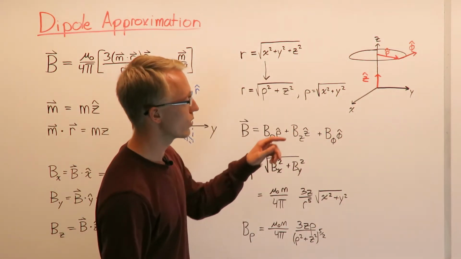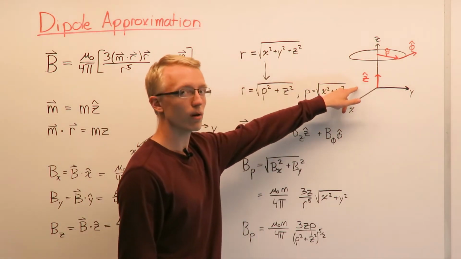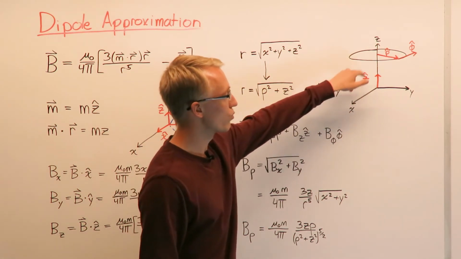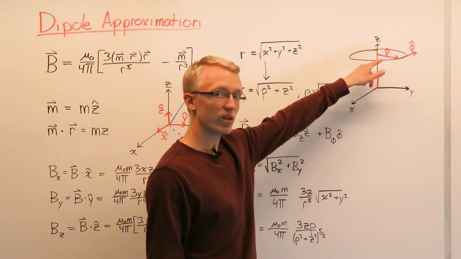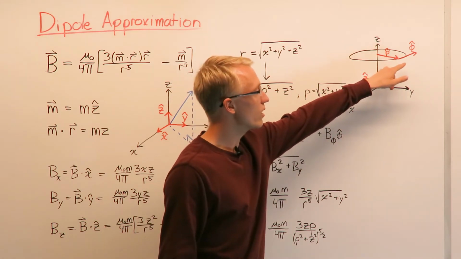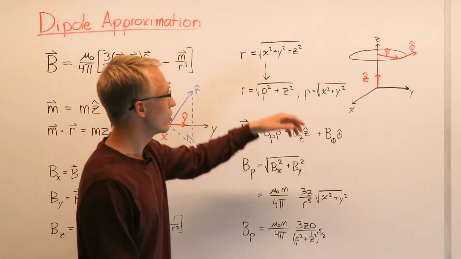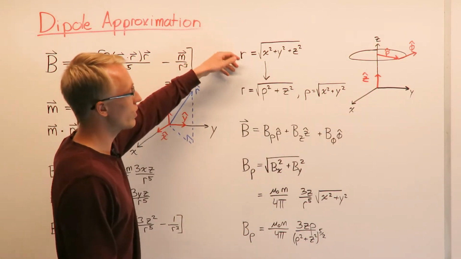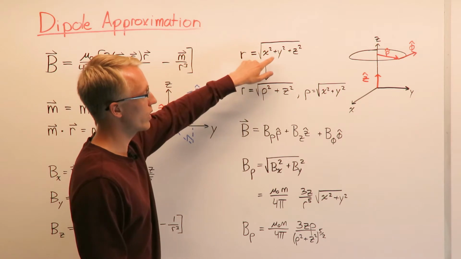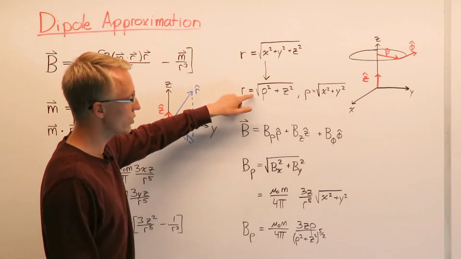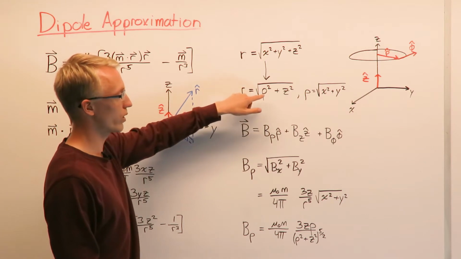In cylindrical coordinates, we maintain this z component, but instead of x and y, we now have a vector rho, which is perpendicular to the z-axis, and phi, which determines the angular direction. I'm sure you've seen r to be equal to the square root of x squared plus y squared plus z squared, and here in cylindrical coordinates, it's actually just equal to the square root of rho squared plus z squared.